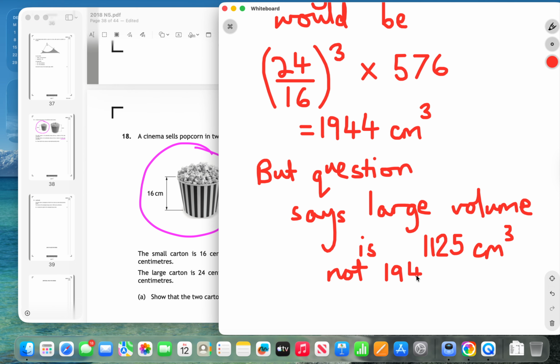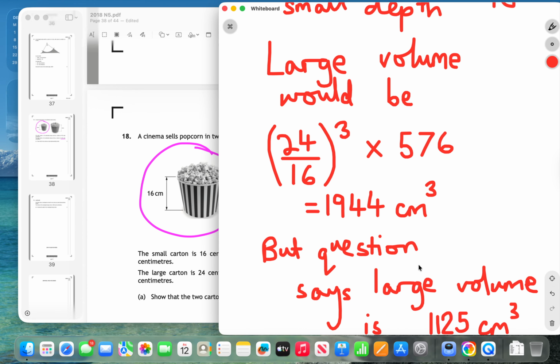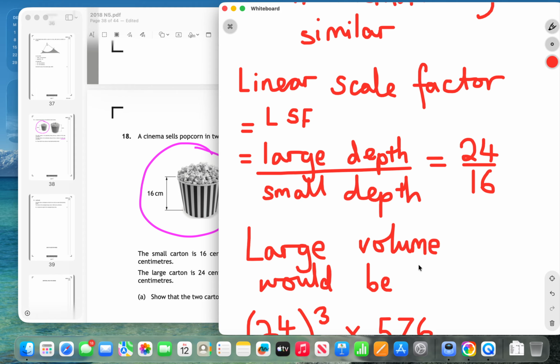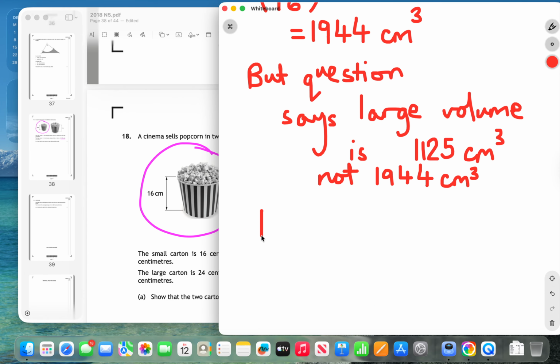So because that's the case, then the initial statement crumbles. It makes no sense. So they can't be mathematically similar. So we then say, hence not mathematically similar.